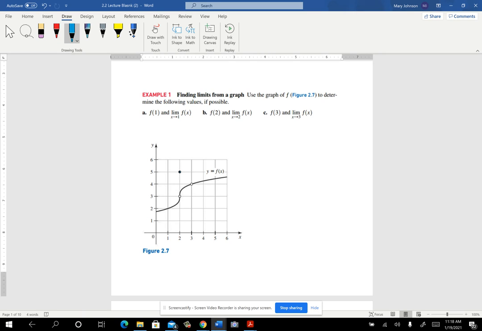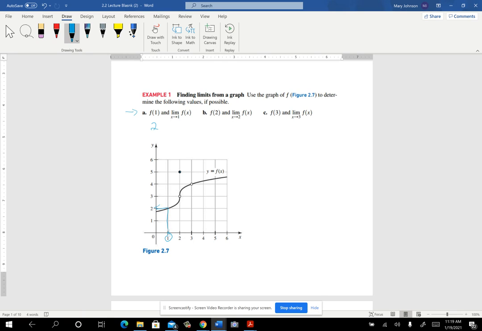Okay, so let's take a look. Here, I think is an important idea, making sure that you understand the difference between the value of the function at a spot and the limit of the function as x approaches that number. Okay, so this one, a, is dealing with an x of 1. So f of 1 you would find by just looking at the graph and seeing that the value of f of 1 would be 2.